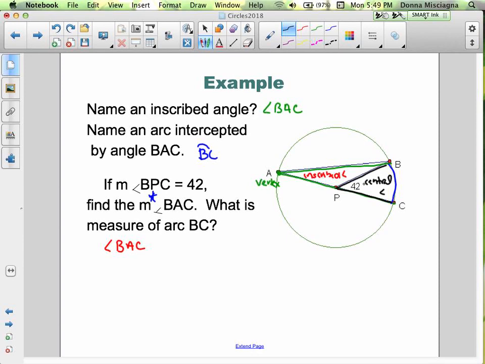We know it's a central angle because its vertex is at the center of the circle. And we know that the inscribed angle is half the measure of the central angle. So angle BAC is equal to 1/2 the measure of angle BPC. Since angle BPC is 42 degrees, angle BAC is 21 degrees.